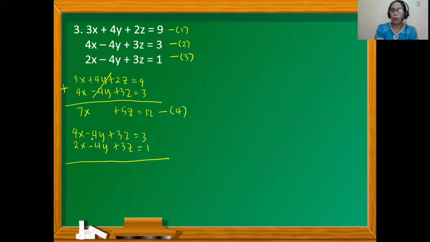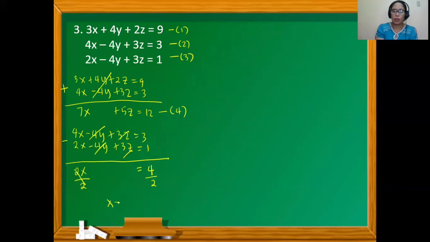So we're going to make use of subtraction since the coefficients of y here are the same. So we have 4x minus 2x, we have 2x. And then this is cancelled, and this is cancelled as well. So we have 4. Right away, we can solve for the value of x, and that is done by dividing both sides by 2.